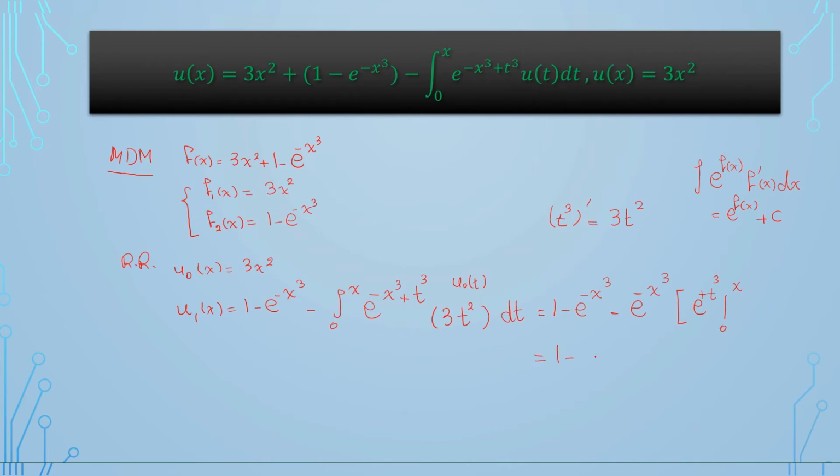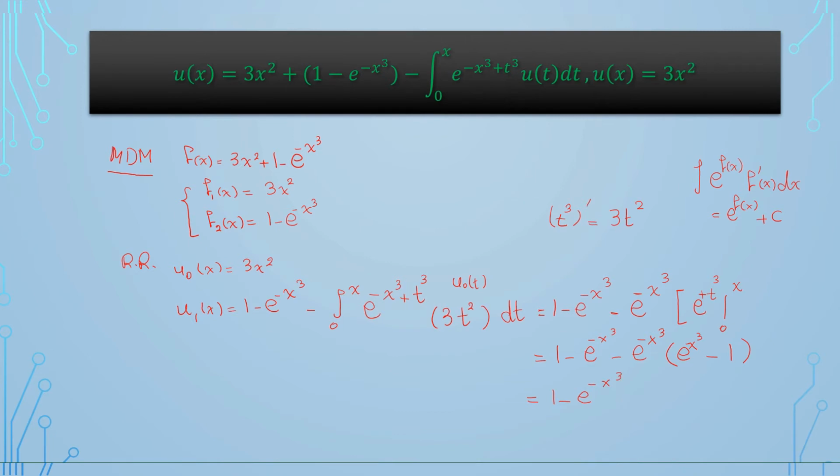So it will be 1 minus e raised to minus x cubed, minus e raised to minus x cubed multiplied by e raised to x cubed, minus e raised to 0, which is 1, to make more simplification.